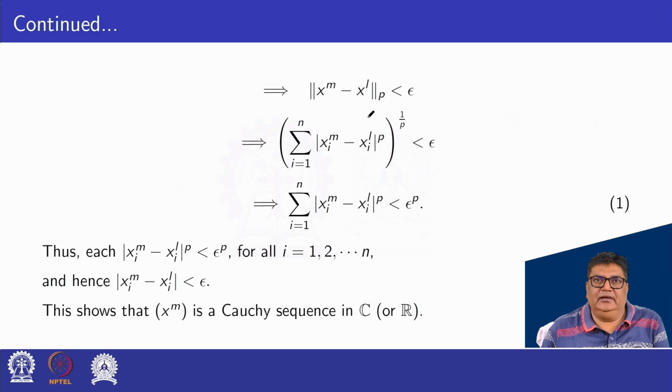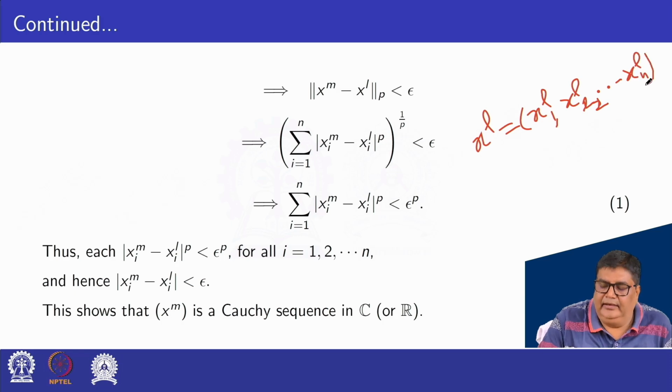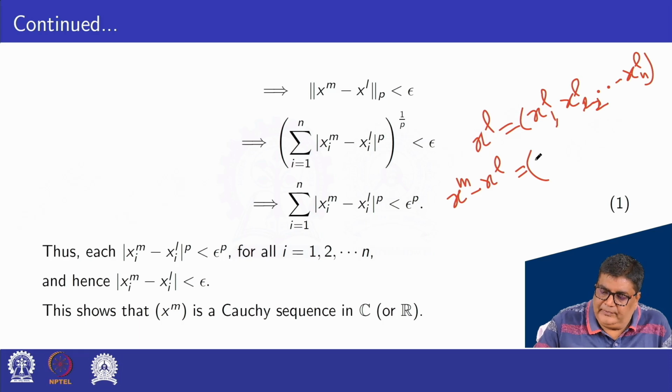Similarly, xl also has xl1, xl2 and so on xln. Then xm minus xl equals the tuples xm1 minus xl1 and so on xmn minus xln.